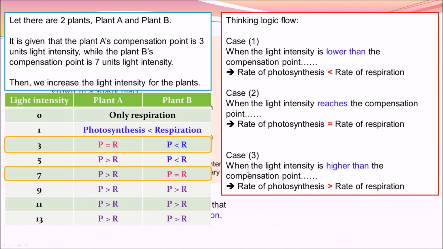But for case 3, once the light intensity is higher than the compensation point, the rate of photosynthesis will be higher than the rate of respiration. Now these 3 basic concepts and this logic flow you must understand first by analyzing the graph.